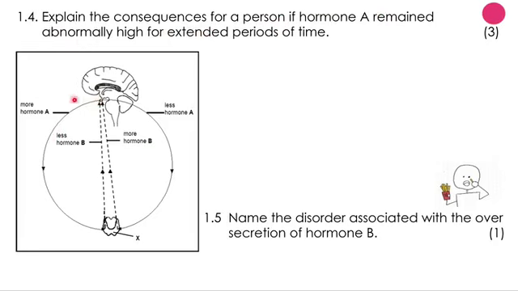Hormone A is TSH. So if there's a lot of TSH, it is going to stimulate that thyroid a lot, right? And that is going to result in a lot of thyroxine being released. So in essence, they are asking what will happen if there's a lot of thyroxine in a person.